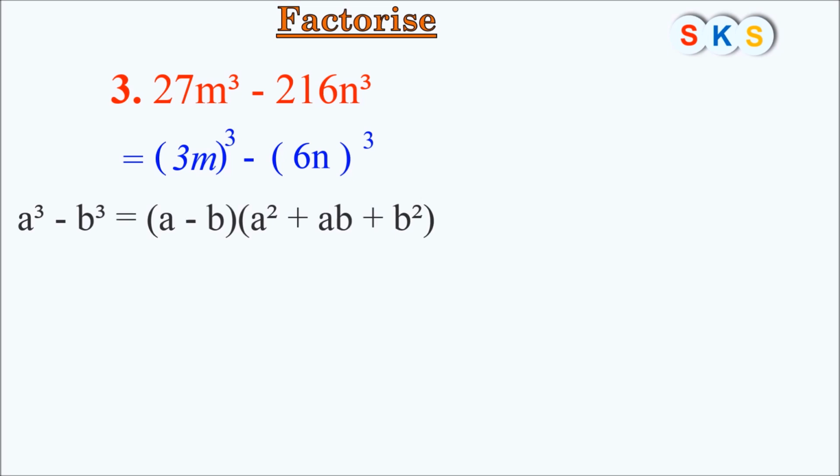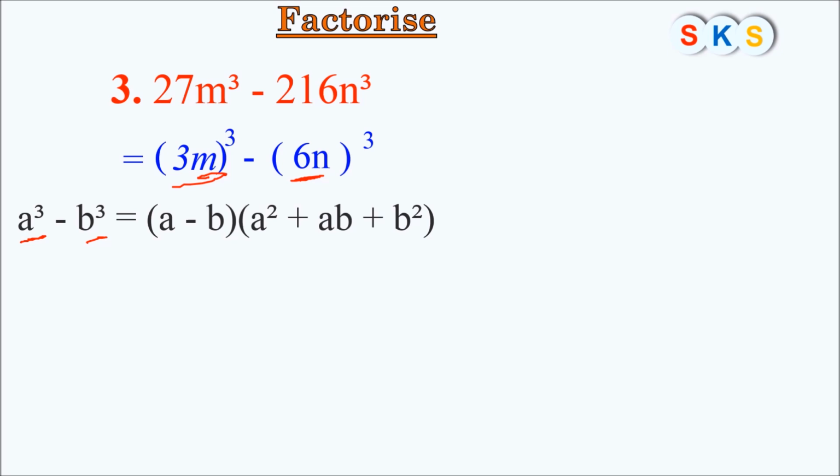So we will use the formula of a cube minus b cube, and we know that a cube minus b cube equals a minus b into a square plus ab plus b square. You can see the first term is the cube of 3m, so we will take a as 3m, and the second term is the cube of 6n, so we will take b as 6n.